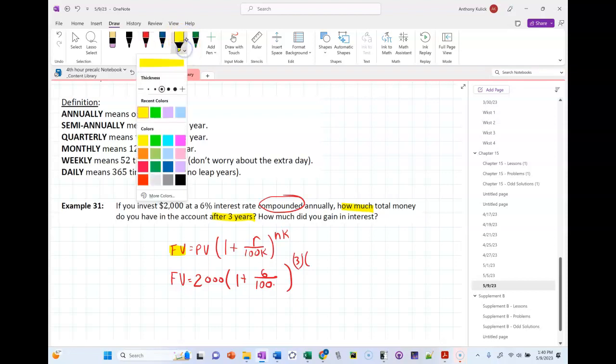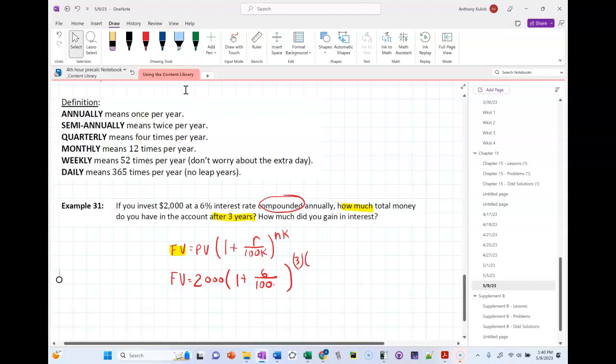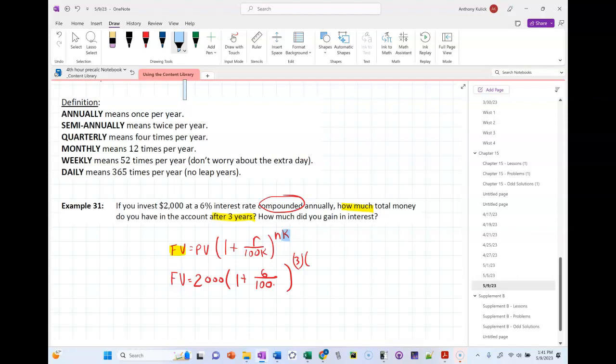How am I going to figure out the K? K is the number of compounds per year. Now that's not given to us as a number in the question, but rather as a word. What word is telling me the number for K? Annually. And what number is that telling us? 1.